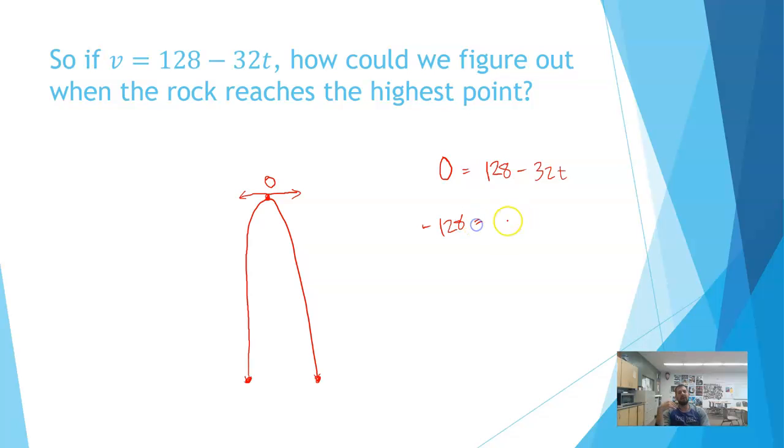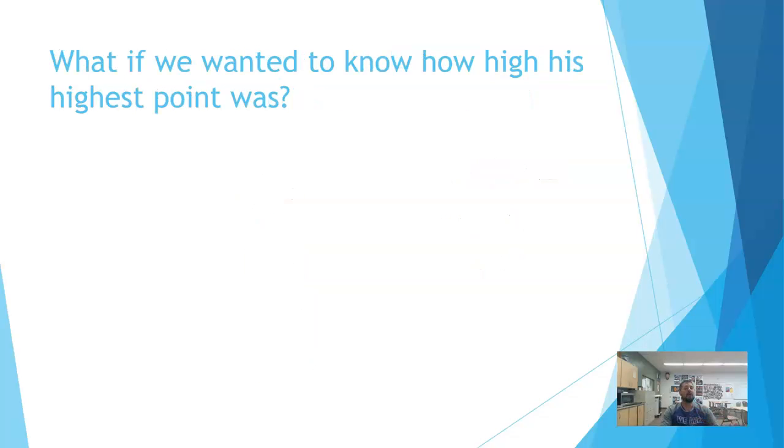Then I would just go about solving this equation, and I would get that t is equal to 4. So at time equals 4, that's when the rock reaches its highest point. Furthermore, if I wanted to know what the highest point was, that's asking for a position, so I wouldn't use my velocity equation.